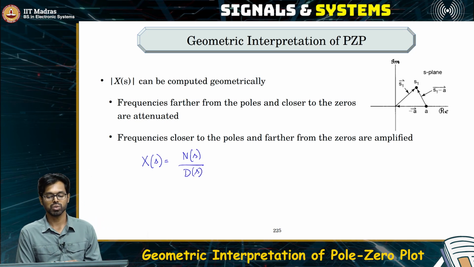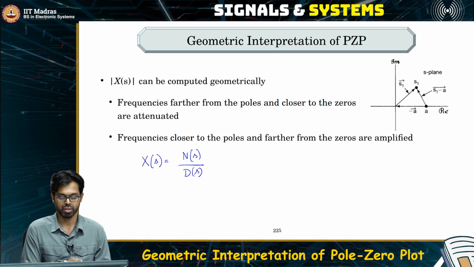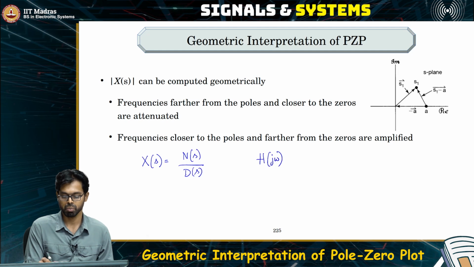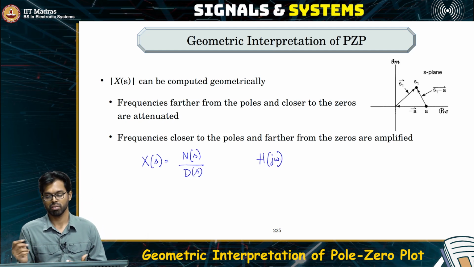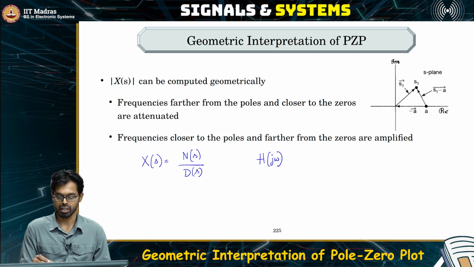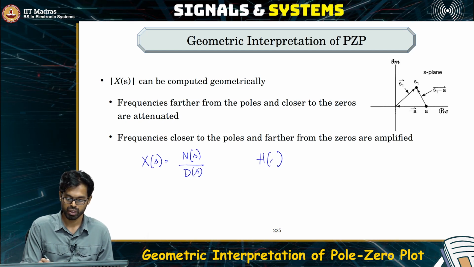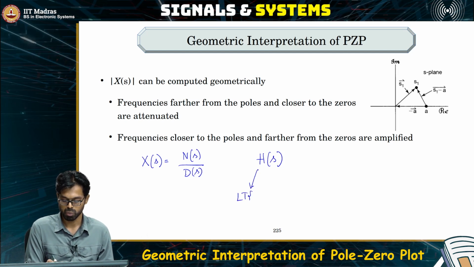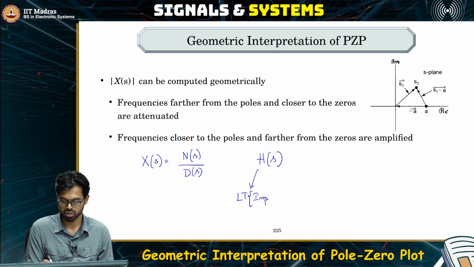Now, if I want to know the frequency response of a system, but for some reason the impulse response does not have a Fourier transform, then we compute the Laplace transform. This is the Laplace transform of the impulse response.